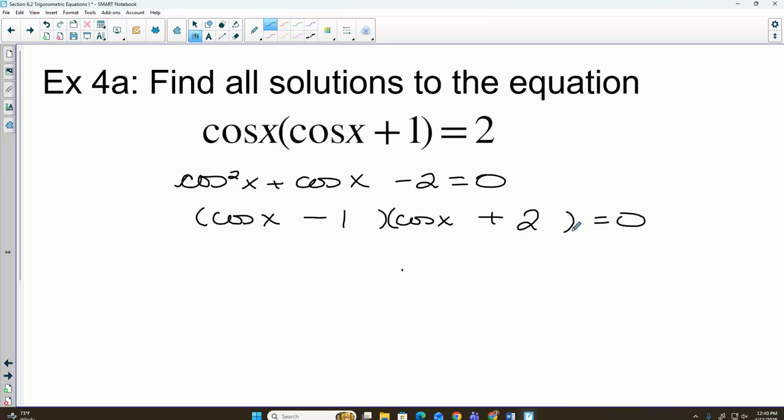So then if I set those equal to 0, I get that cosine of x is equal to 1 and a negative 2.